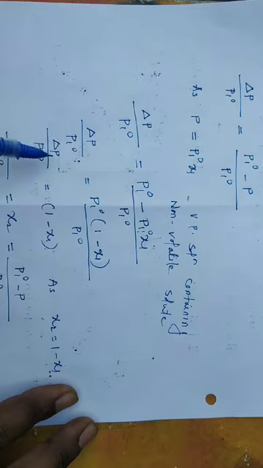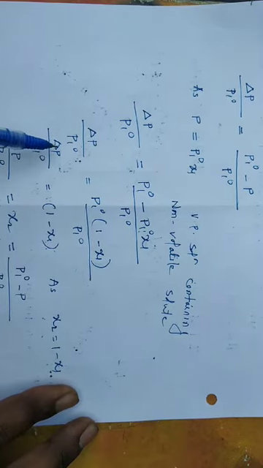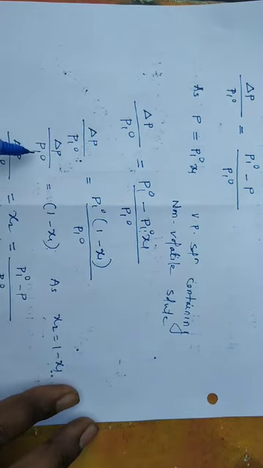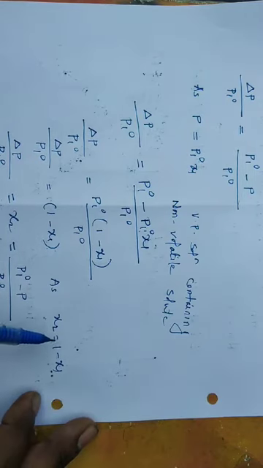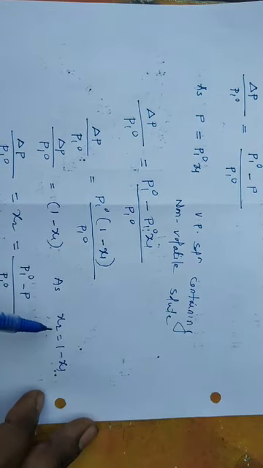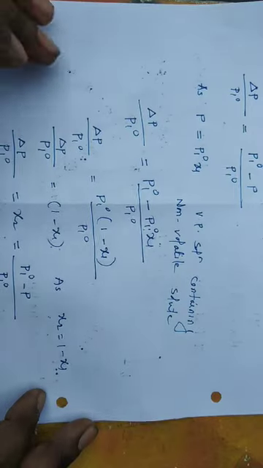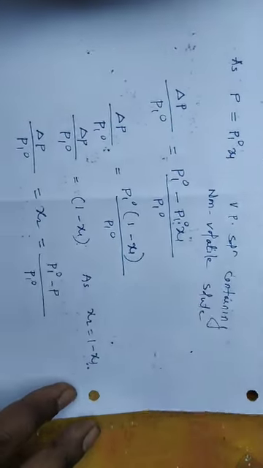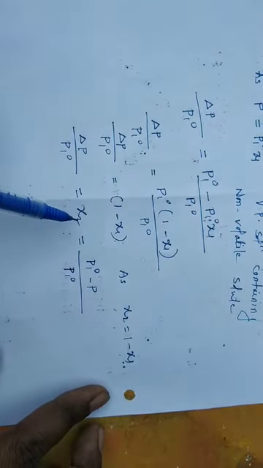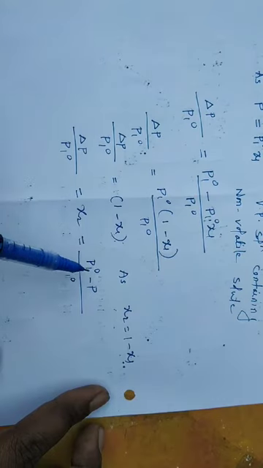So what you get is change in vapor pressure upon vapor pressure of pure solvent is equal to 1 minus x1. As we know, 1 minus x1 is equal to x2. So now delta P upon P1 naught is equal to x2, which is P1 naught minus P upon P1 naught.